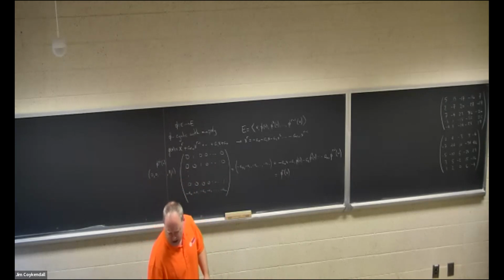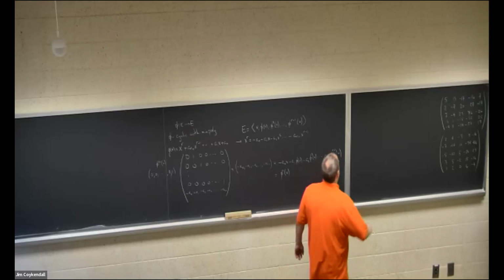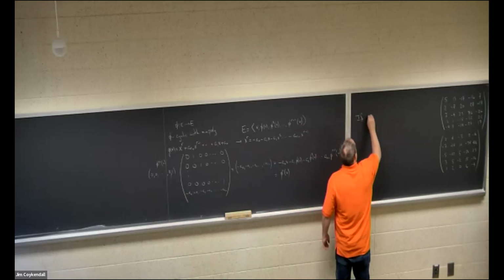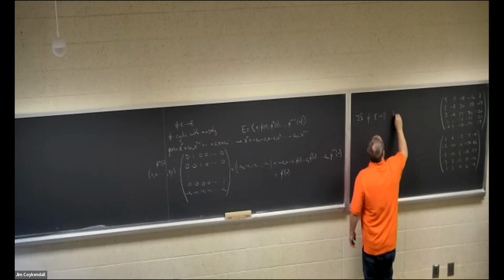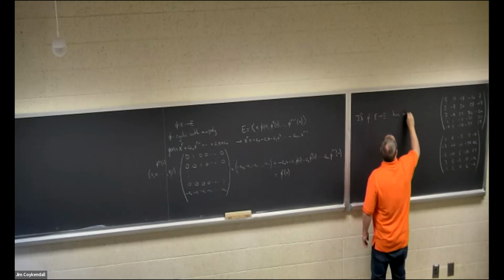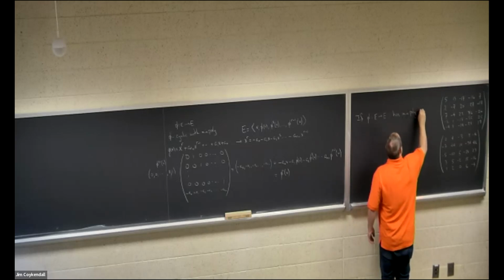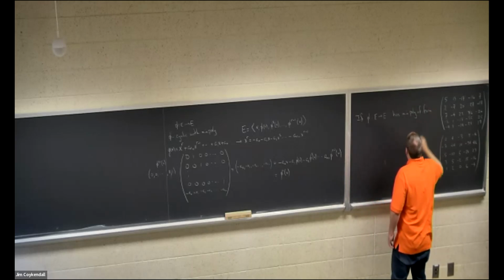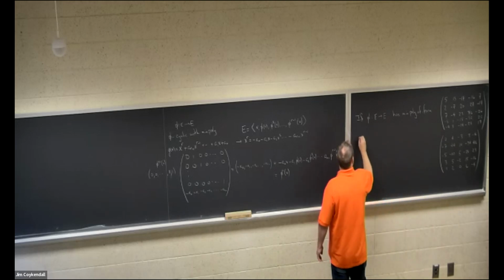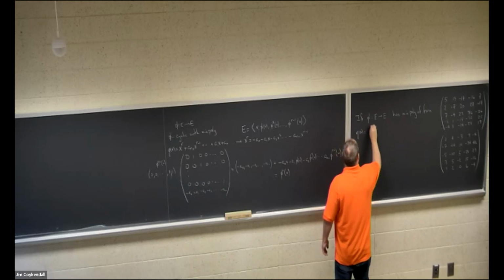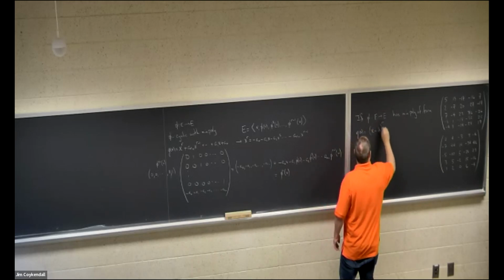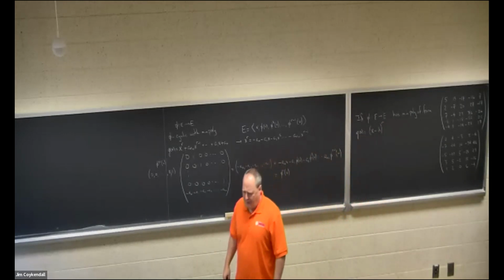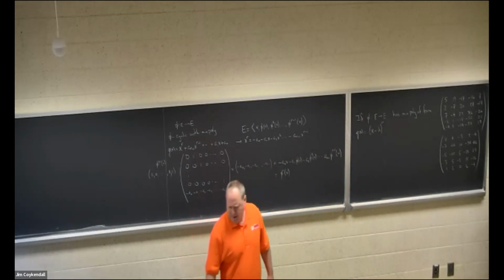In the special case where phi has minimal polynomial of the form Q of x equals (x minus lambda) to the r, then we can write this in this way.